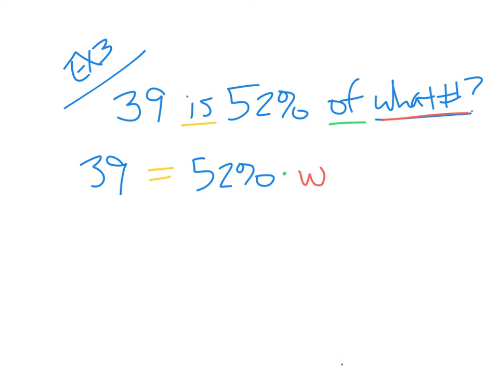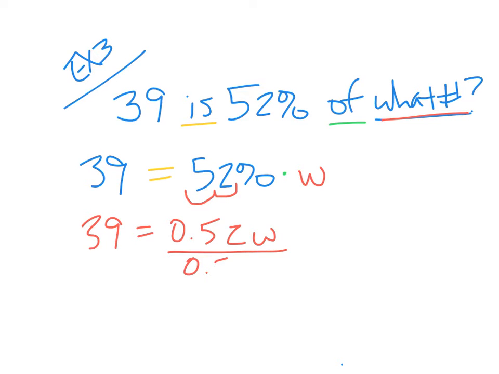Okay, now to actually solve this, I still need to do one more thing. What do I need to do? Not quite. I got to change something first. I got to make this a decimal. So I'm going to rewrite 39 equals 0.52 times w. Now I can solve for that w. How do I get the w by itself? Divide by 0.52.